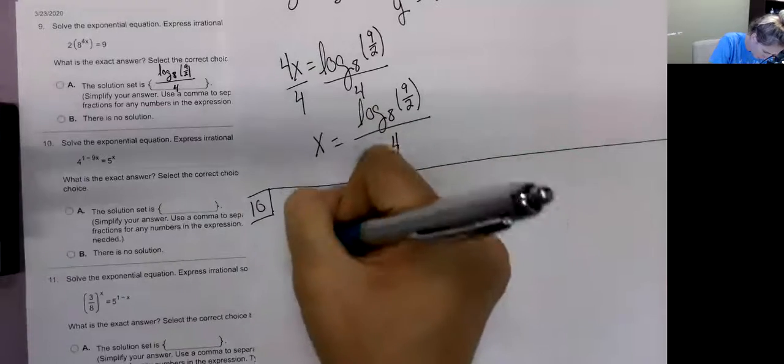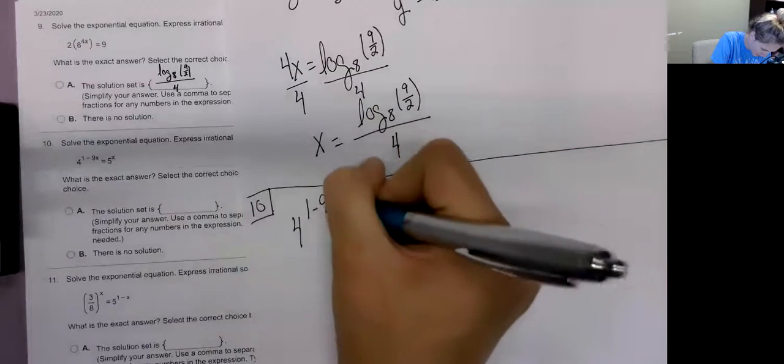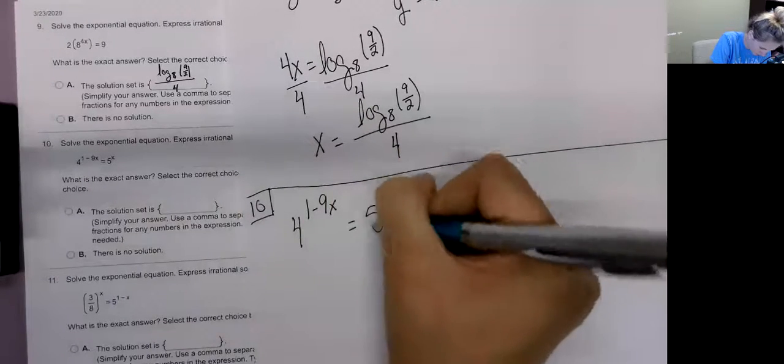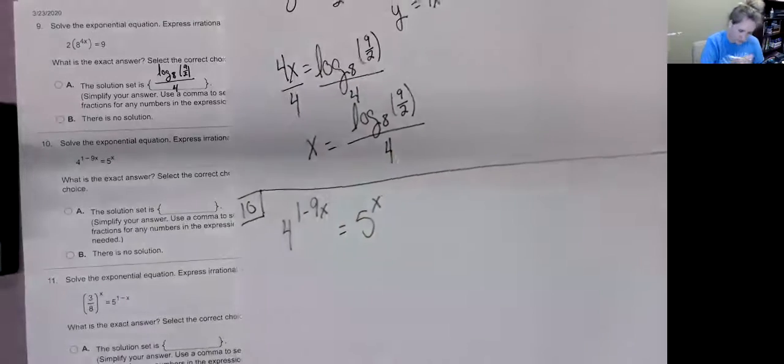We have 4 to the 1 subtract 9x equals 5 to the x.